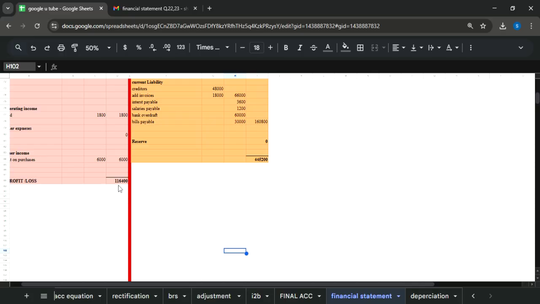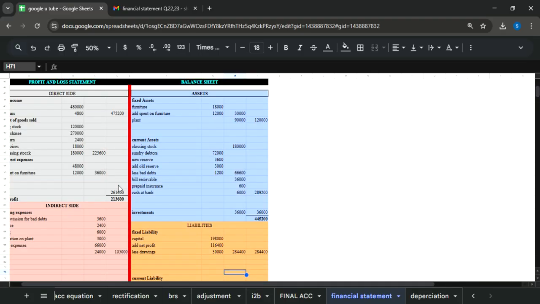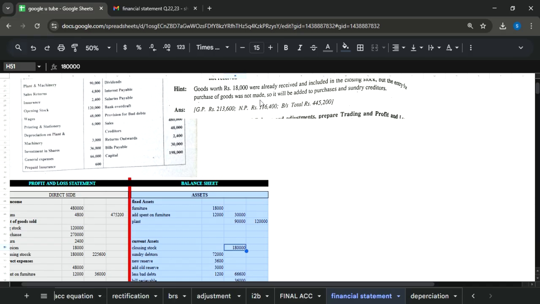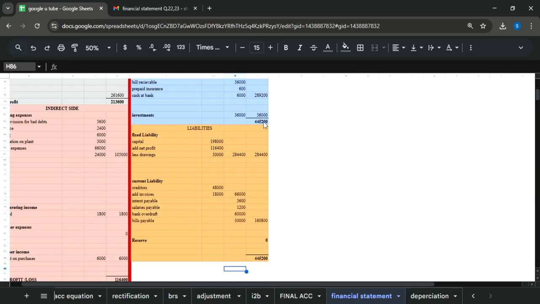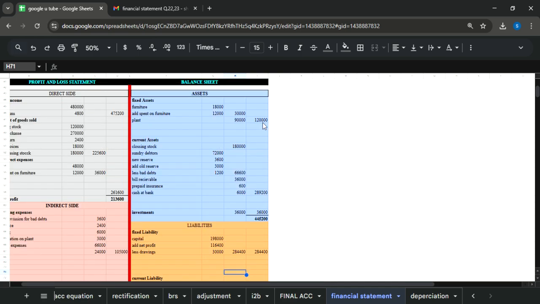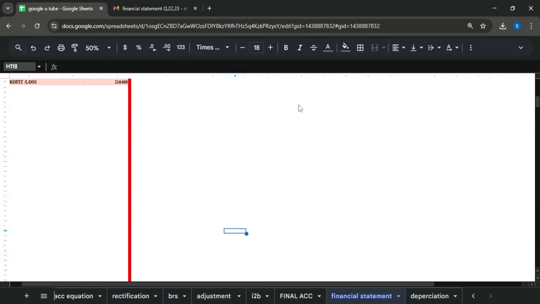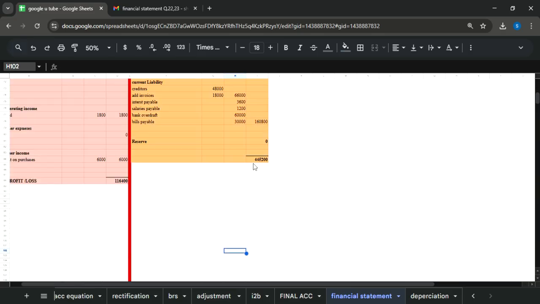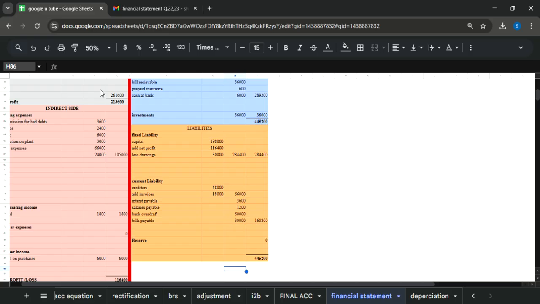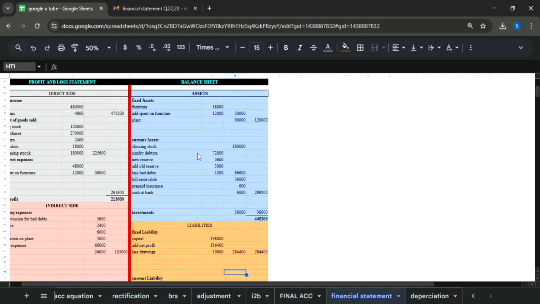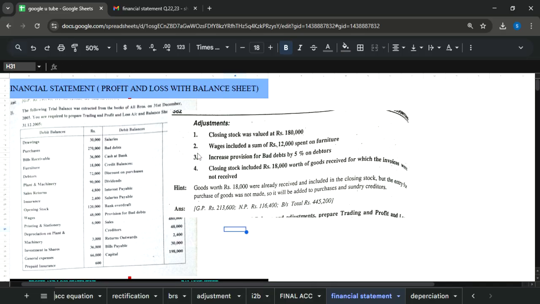After which we have calculated net profit 116,400, and we look at here net profit 116,400. Then we have this asset side 445,200 balance sheet, and here liability side 445,200. So guys, in this way all 4 parts are sorted out and solved with exactly the answers present in our book.